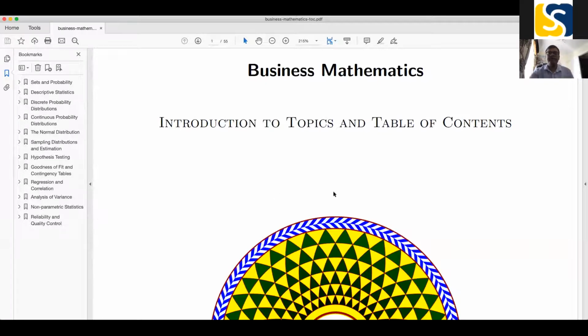Okay, so here, this is a PDF file I generated using an open source desktop app called LaTeX.